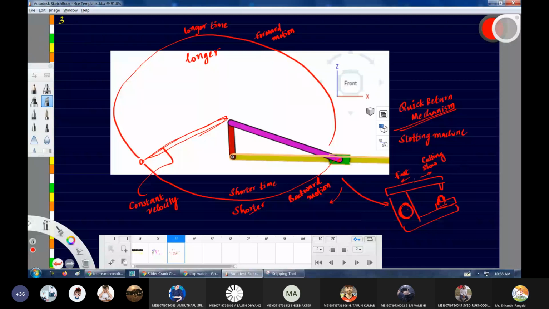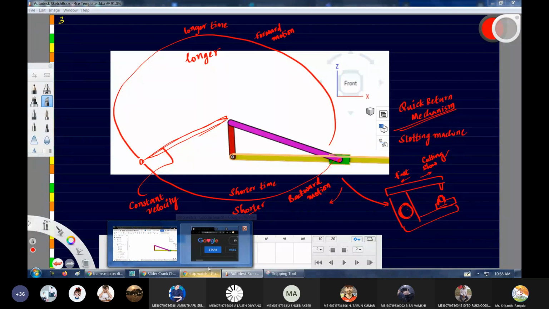Because it's moving fast, the torque or force available will be less, and hence we cannot perform cutting action in the backward motion. Only while it is moving forward will we remove the metal, because the torque will be more. More torque gives more force, and that is happening because it is slow. You must have heard the phrase: कुछ पाने के लिए कुछ खोना पड़ता है.